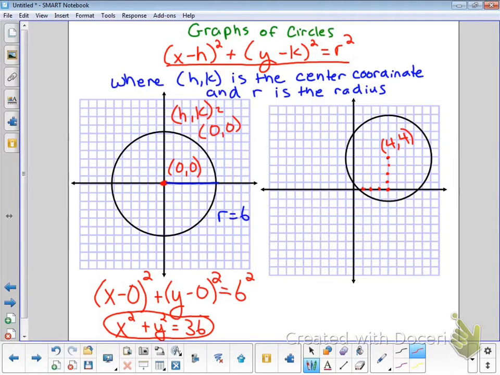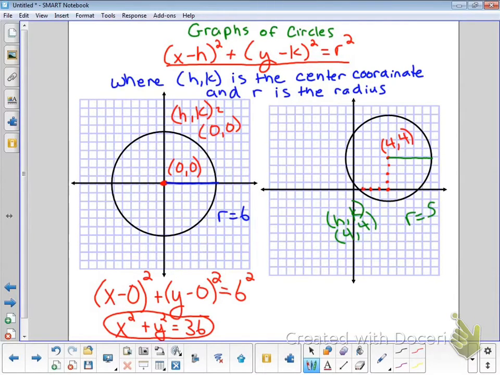Okay, so that means that we have our center coordinate. Now we need to know our radius. So I'm going to go 1, 2, 3, 4, 5. My radius is 5. So r equals 5 and (h, k) equals (4, 4).